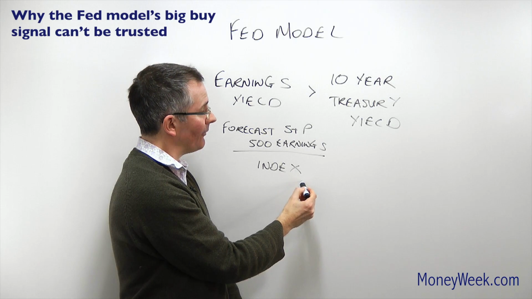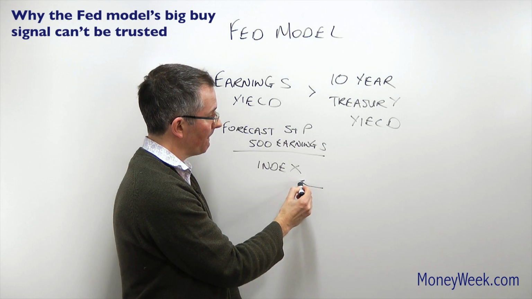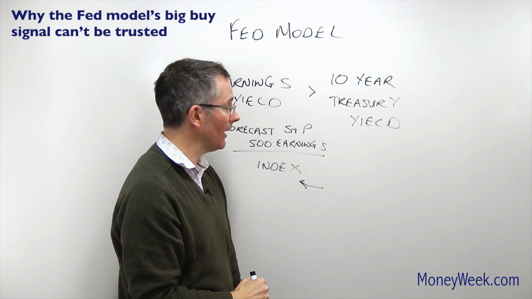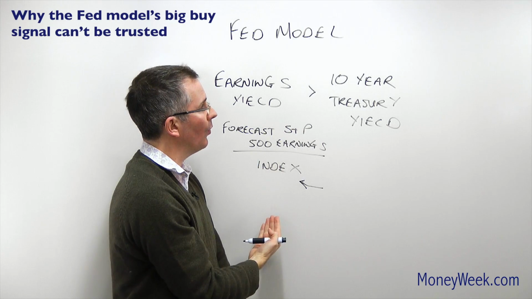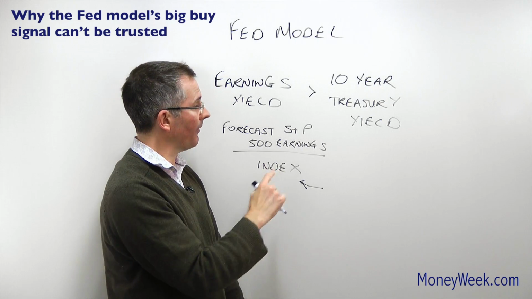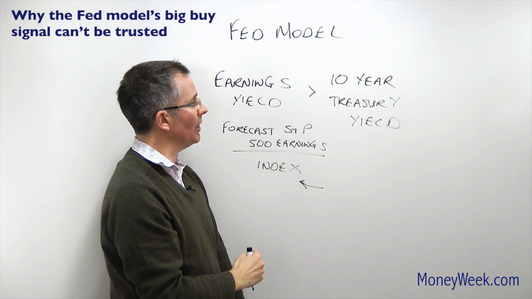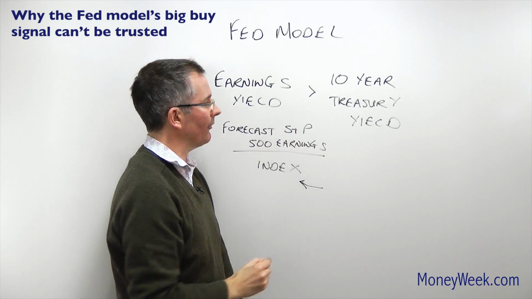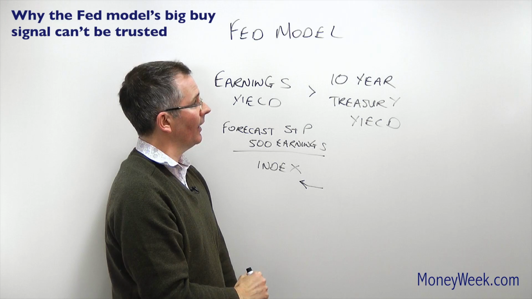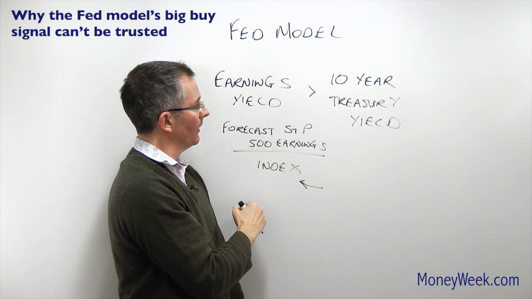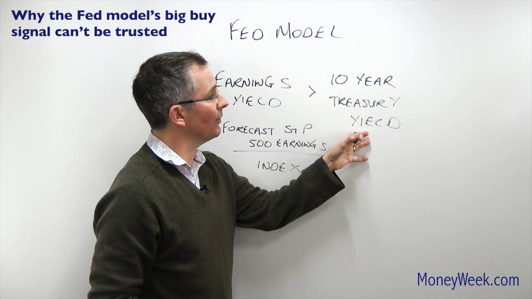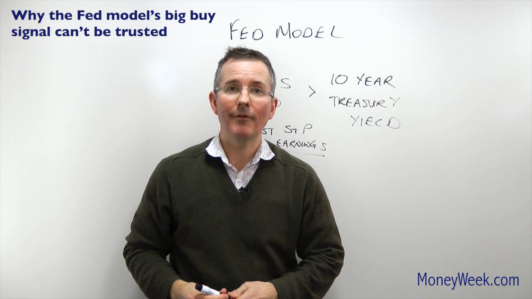So if the index is being driven down, all right, if stock prices are falling, the earnings yield will increase, and the further stock prices fall, the higher it'll go. Of course, the other thing that will tend to boost the earnings yield is ambitious forecasts of S&P 500 earnings, but I'll come back to that in a moment. In principle, if the stock prices are falling, okay, the earnings yield will tend to rise, and the further it rises above the 10-year Treasury yield in relative terms, the bigger bargain you have in the stock market.